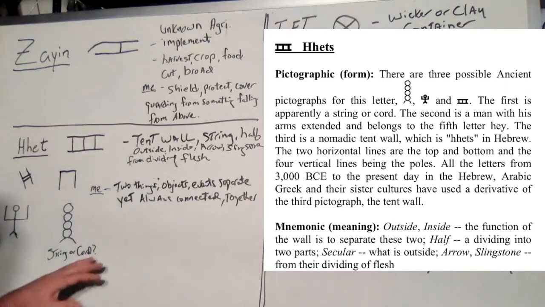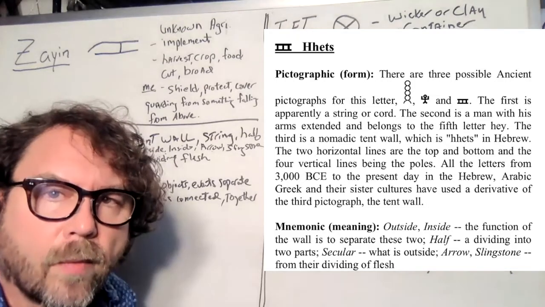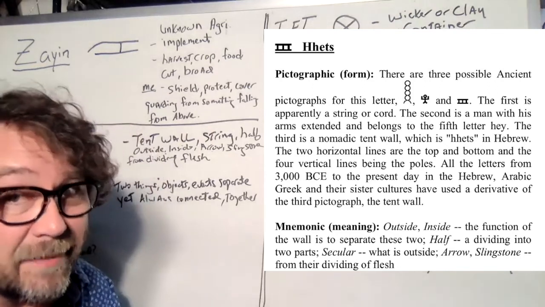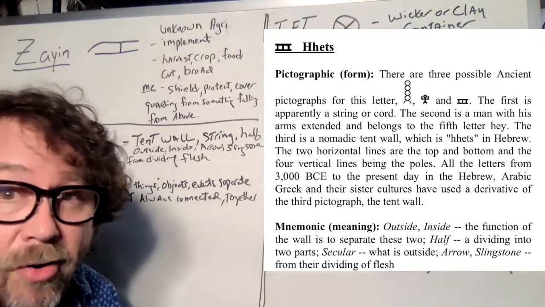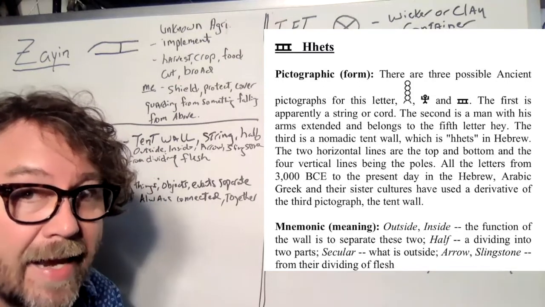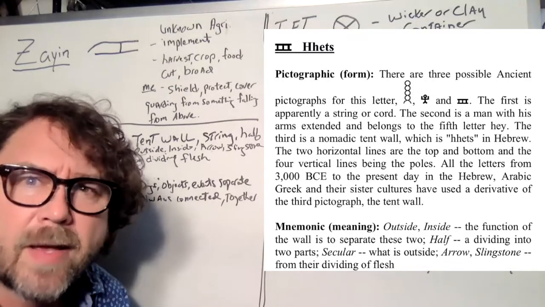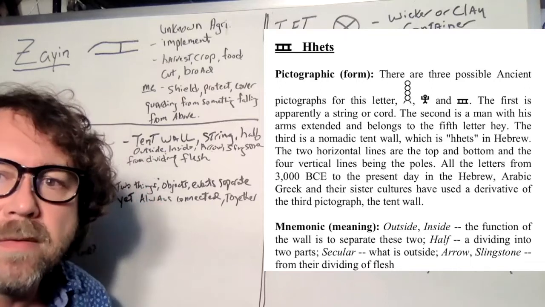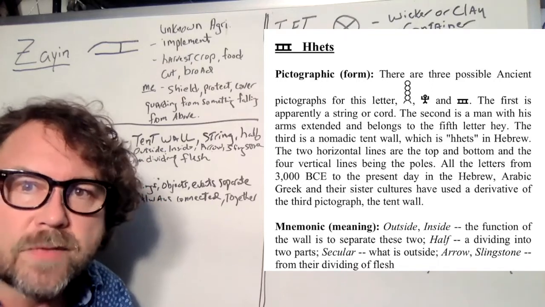Let's look at this. Now, this is the one that Mr. Benner says is a string or a cord. Now, you ask me, it'd be kind of hard to put a string and a cord like that, and I don't really see any practical use for that.